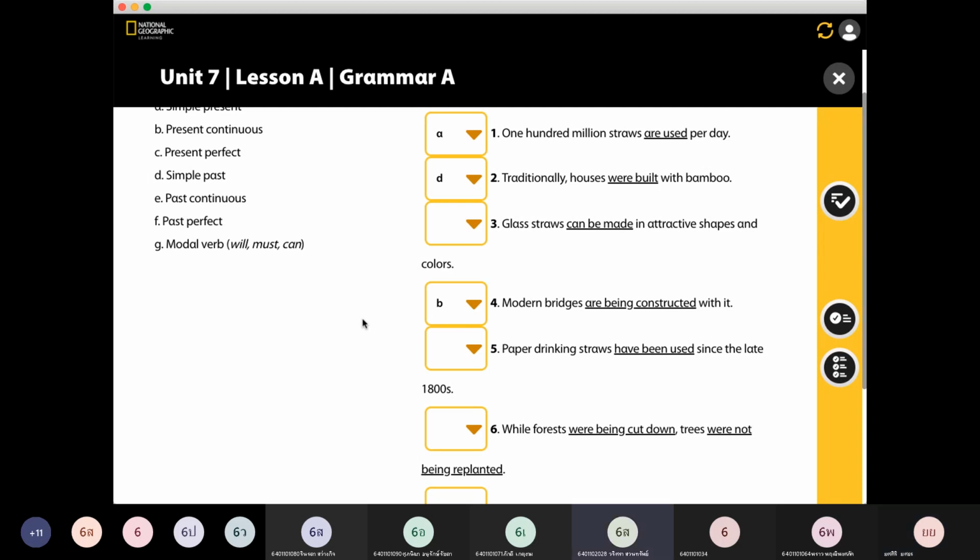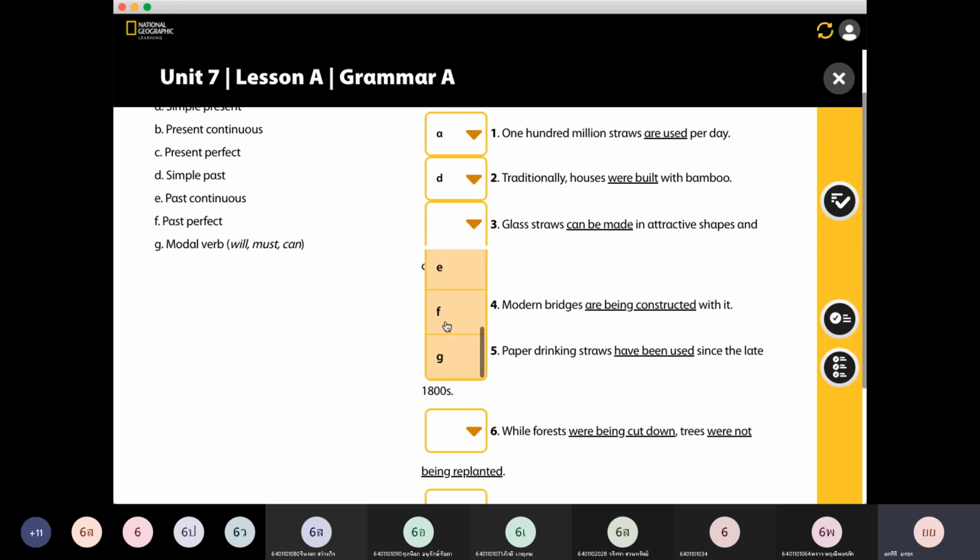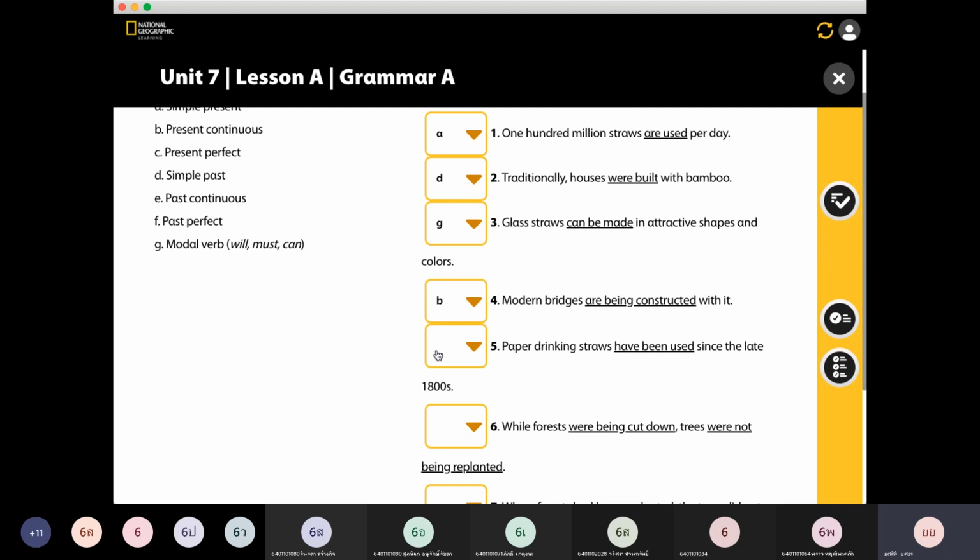Number 3, G. Okay, number 3, you said modal verbs. Number 5. Okay, number 5, you said present perfect.